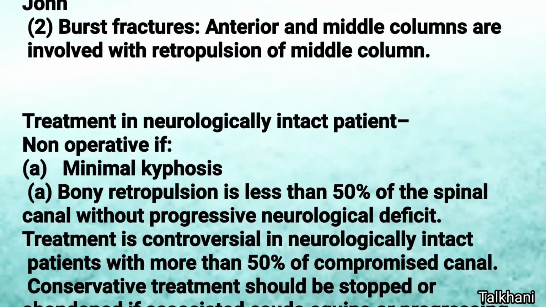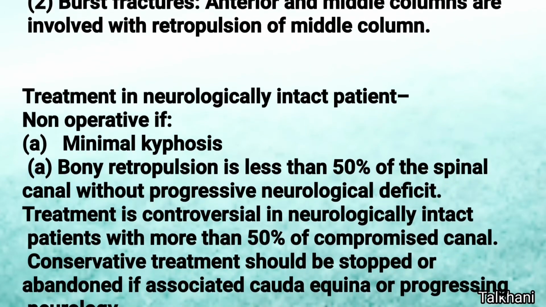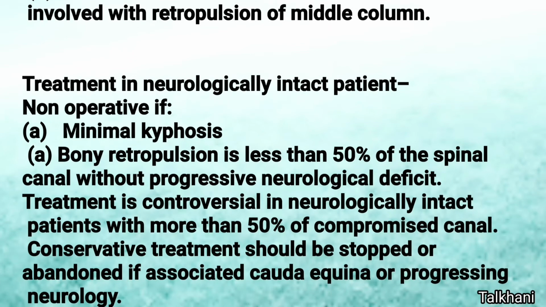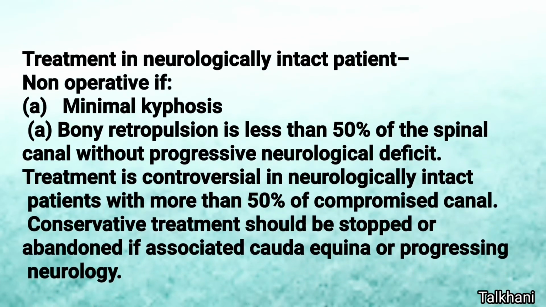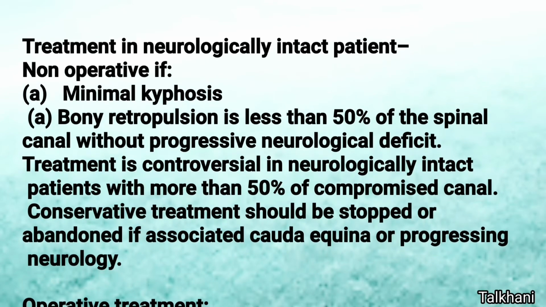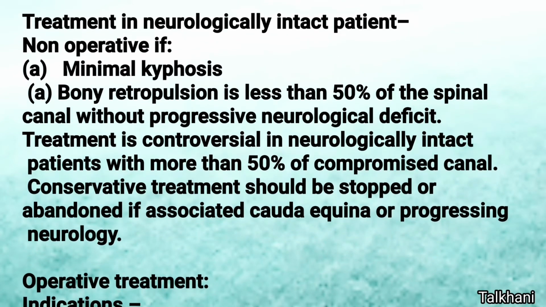Treatment is controversial in neurologically intact patients with more than 50% of compromised canal. Conservative treatment should be abandoned if associated cauda equina or progressing neurology in this group of patients.